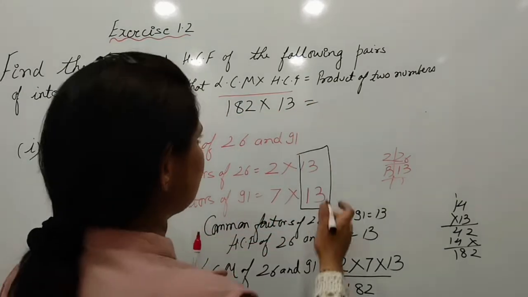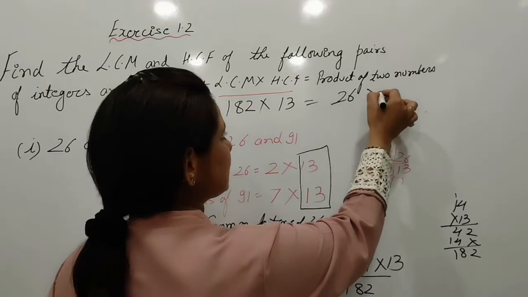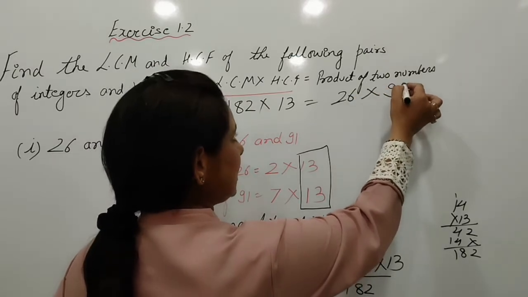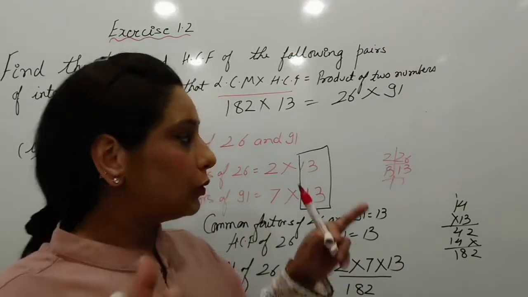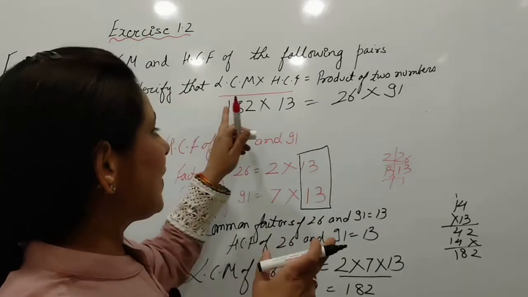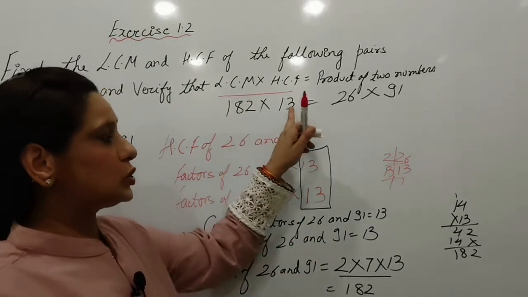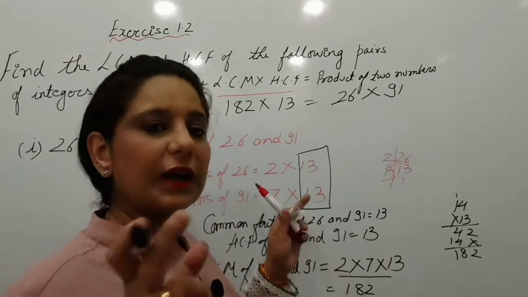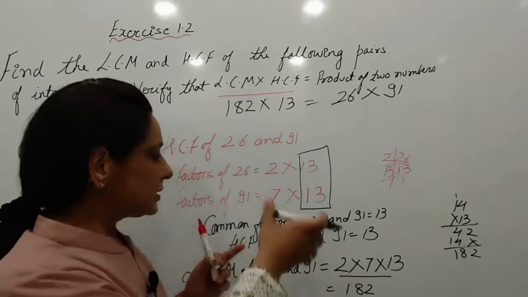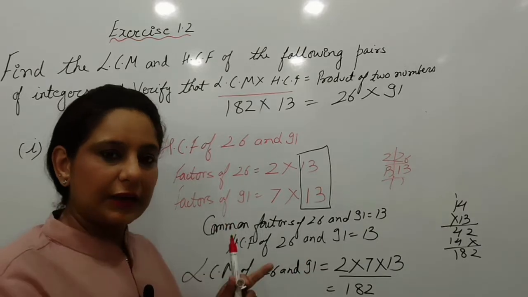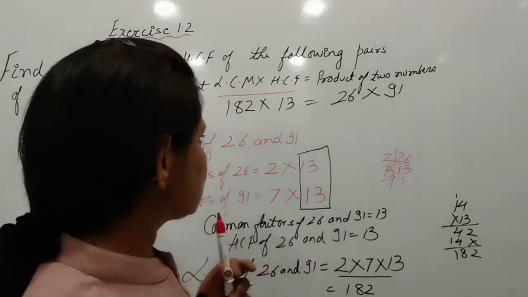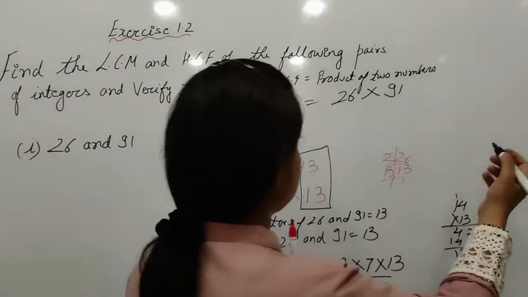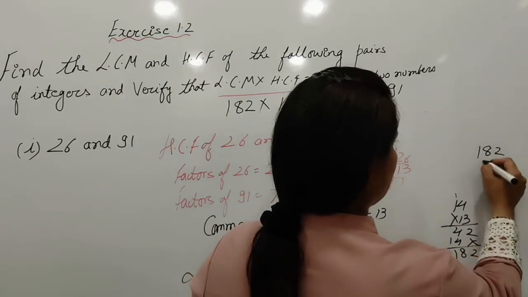And the product of the two numbers will be 26 into 91. Now, just to verify, multiply 182 into 13 and multiply 26 into 91. If their answers are the same, that means your HCF and LCM are right. So let's verify. I will also make some columns and multiply.